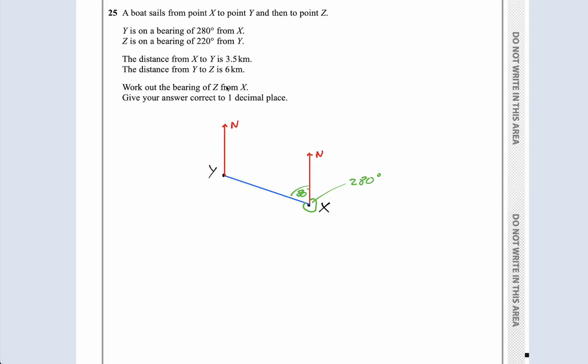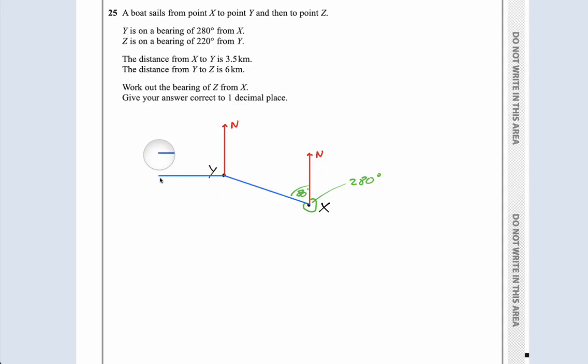North. Okay. Then it says Z is on a bearing of 220 degrees from Y, right? 220. Now, it doesn't have to be accurate, guys, but we want to be as close as possible to accurate. So where's 220 degrees? Well, that's 90. That's 180. That's 270.